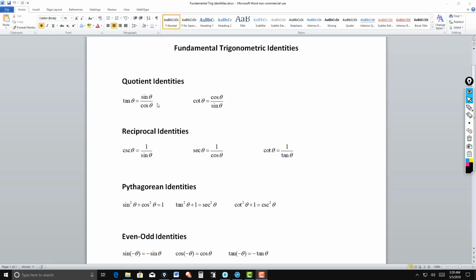But in this case, we're going to focus strictly on the fundamental trigonometric identities, and then maybe in another video, go on to the proof or verification of identities. Okay, so let's just look at these first.